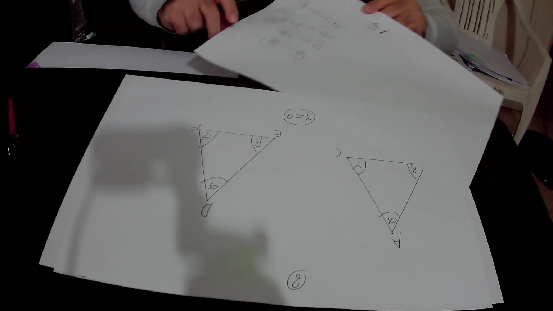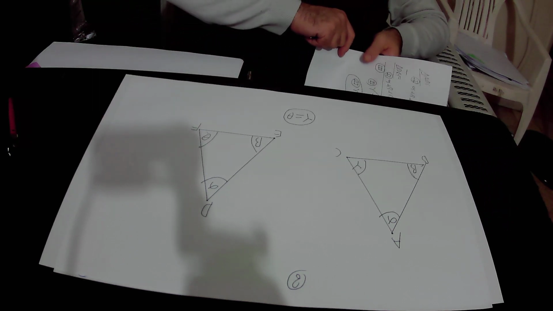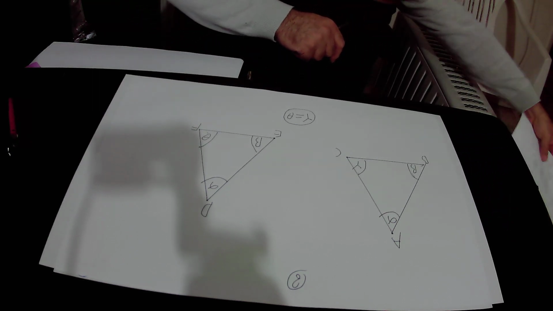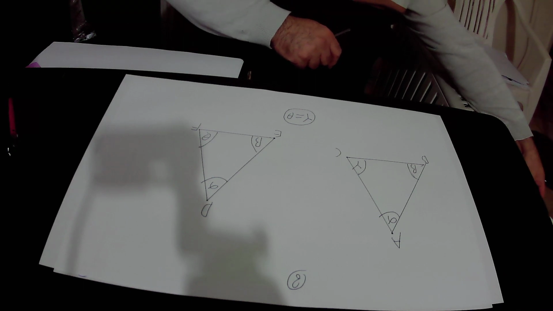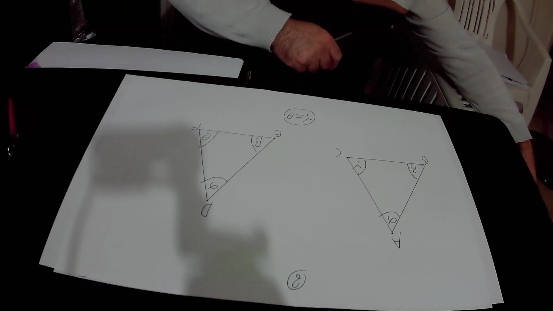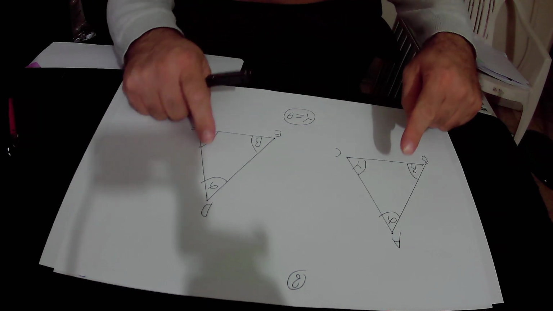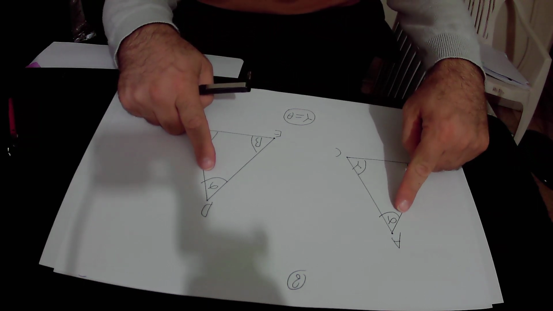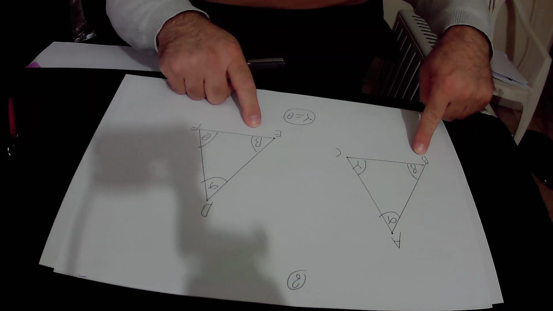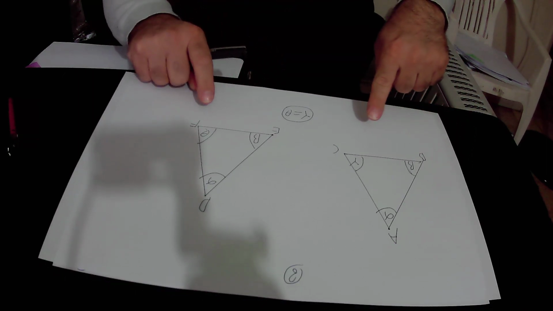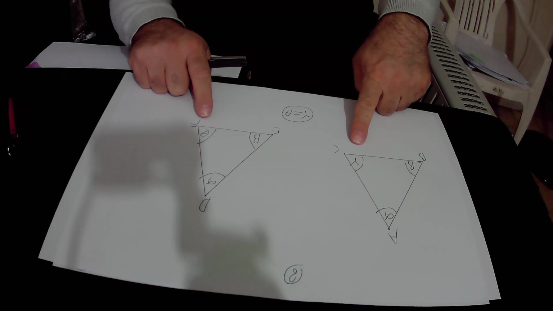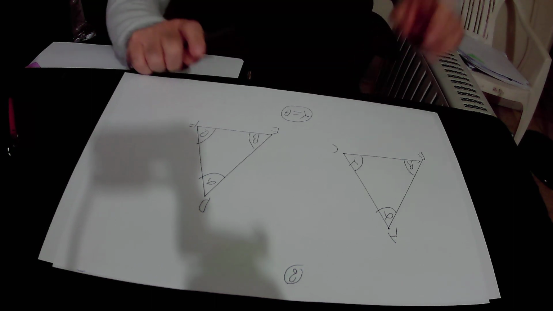It means that we proved that the third angle theorem is true. That is to say, if we have two triangles that have two pairs of congruent angles, then the third pair of angles must also be congruent, that is, angle gamma equals angle theta.